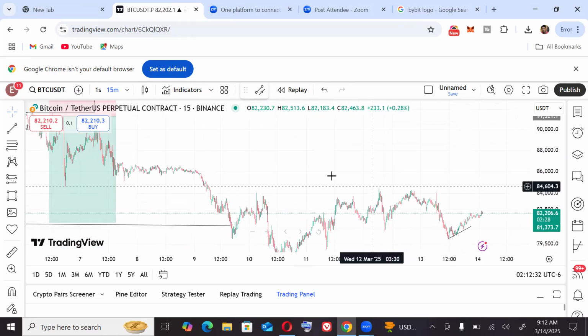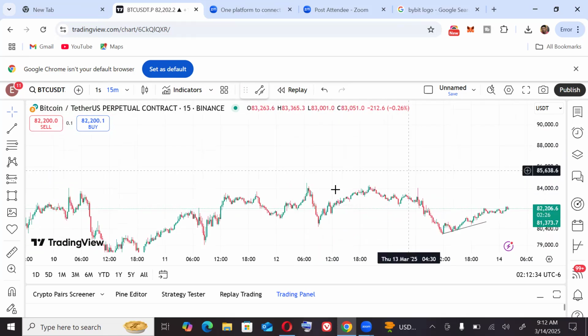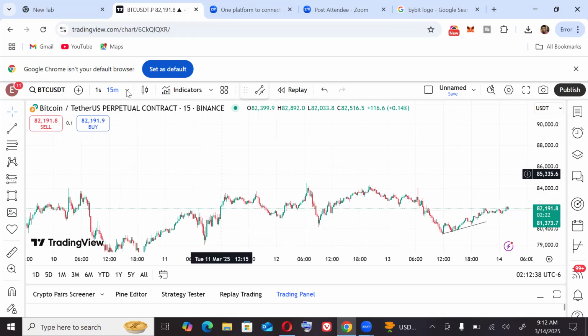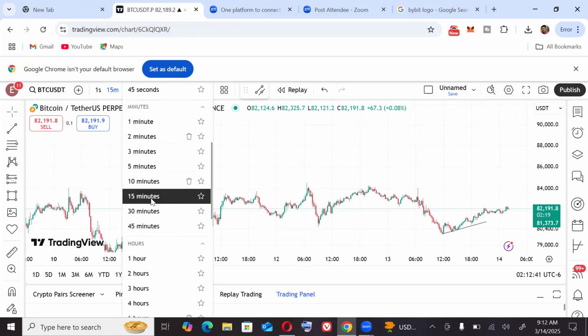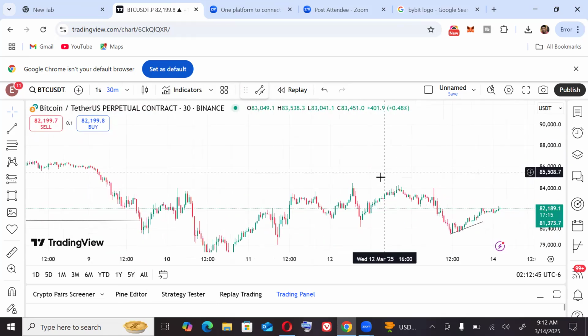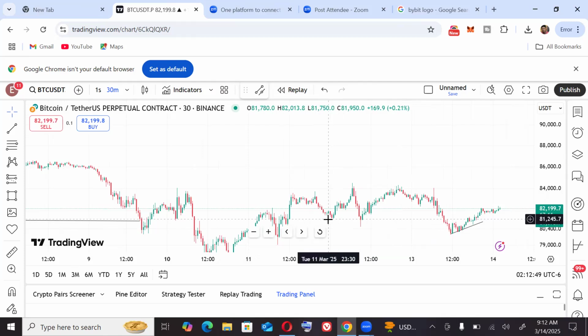Now, I've identified another one here. Look at a big buy. And put this on 30 minutes. This is live, showing you now. Did we break structure? I think we did.